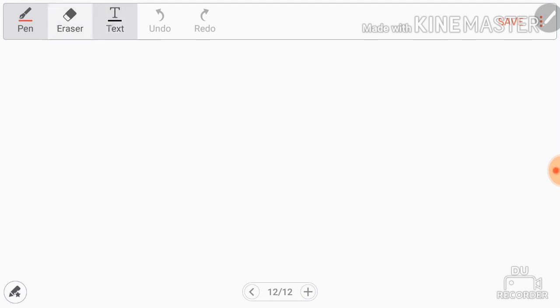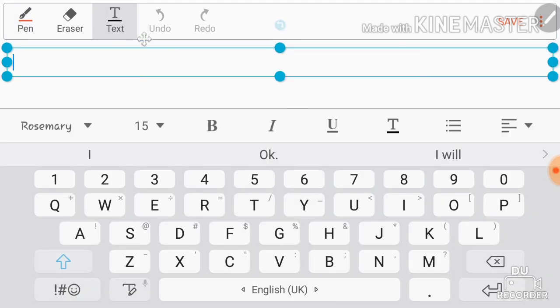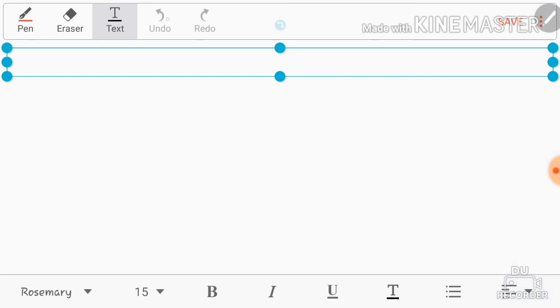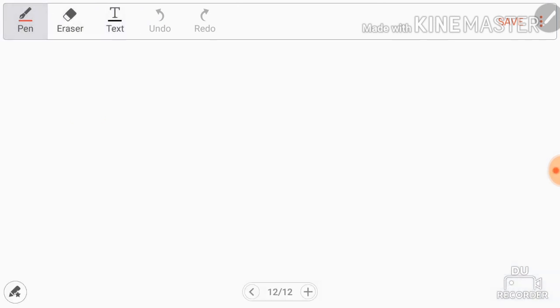But yes, again the question arises, under what conditions can W1 union W2 be a vector subspace? To start with, we will need two subspaces.